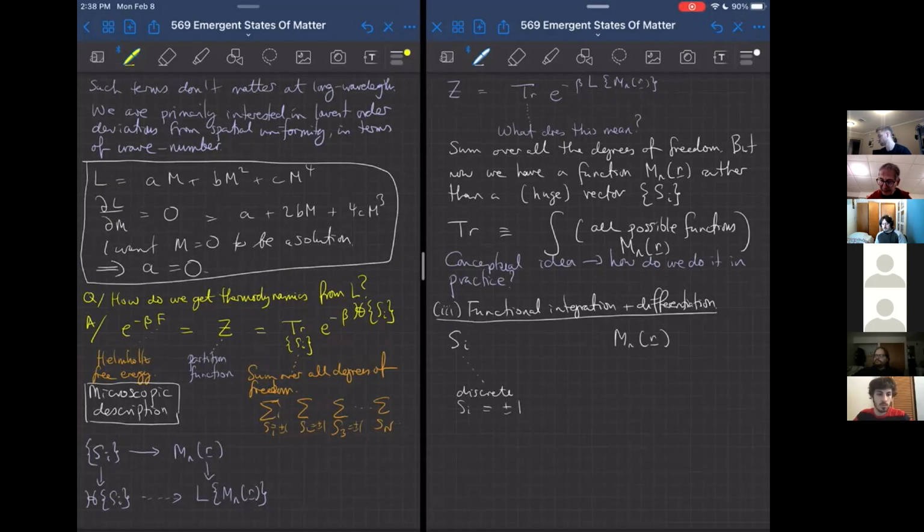On the other hand, this variable is continuous, and a real function. So that's the first thing. The actual variable itself is discrete and continuous.